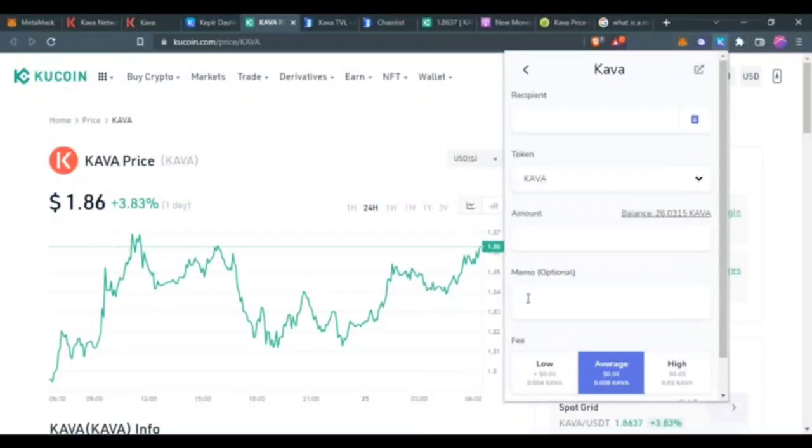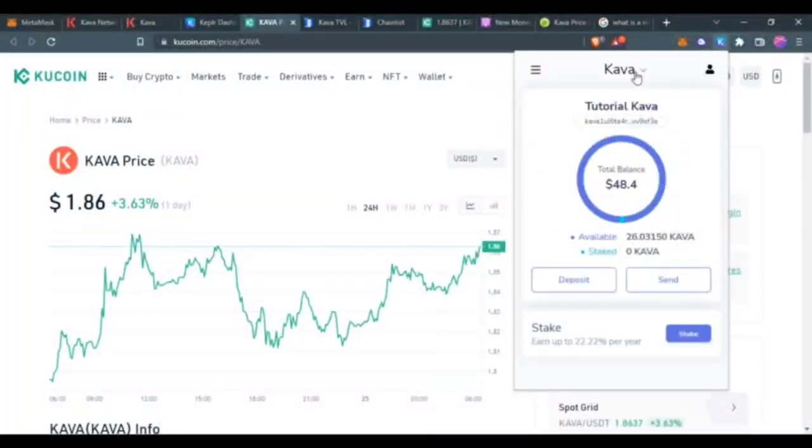The memo is normally a numerical code, though I think it does have the possibility of being alphanumerical, but normally it's just another numerical code that goes along with the public address. If they do have a memo and you send funds without that memo and only the public address, you will lose your funds, and I've seen little to no chance of getting those funds back. So just be mindful and take it slow when you're interacting with these different networks.